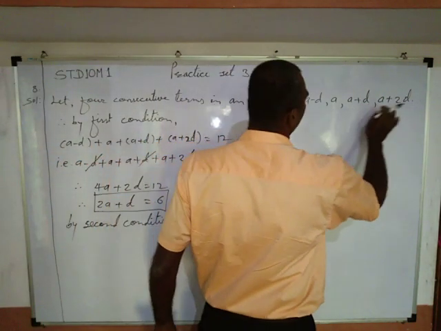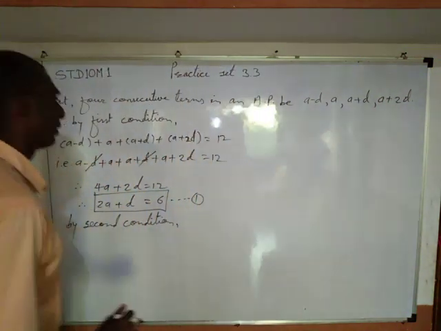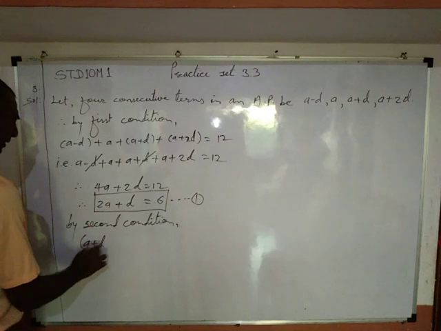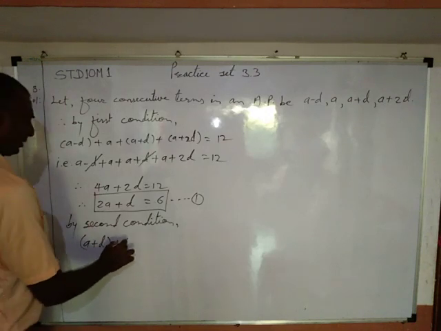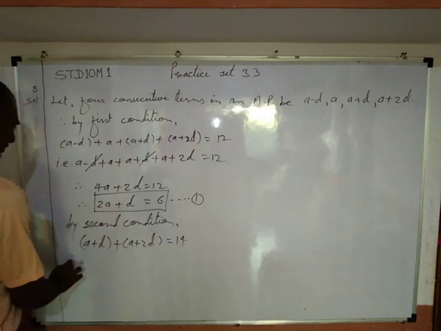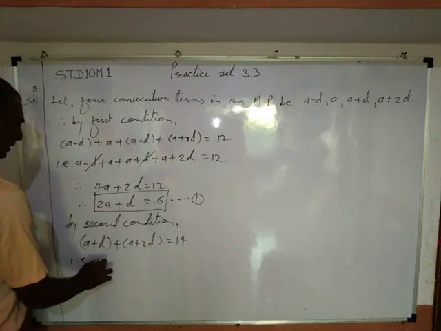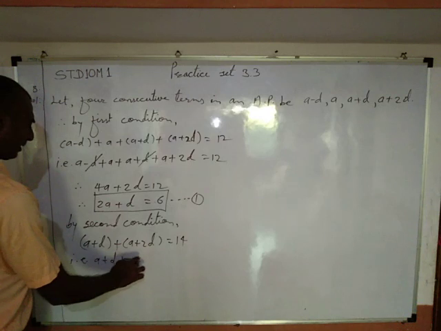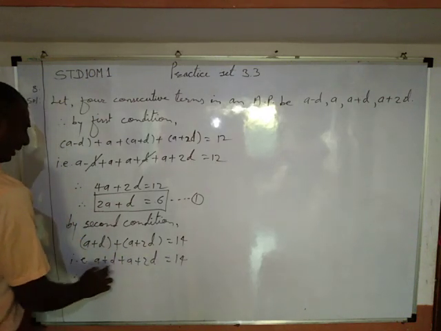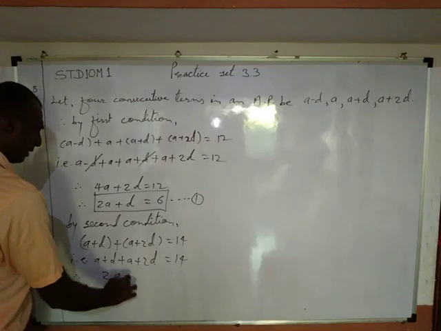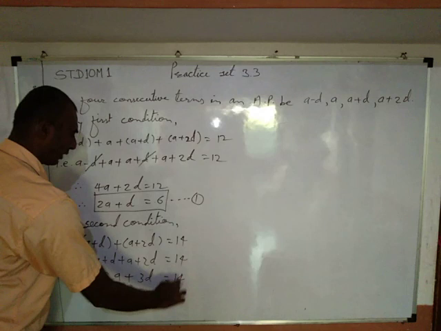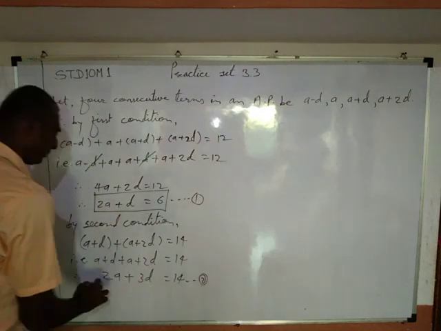Sum of third and fourth term is 14, means A plus D plus A plus 2D equals 14, and therefore A plus A gives us 2A plus D plus 2D gives us 3D equals 14. Let's call it as equation second.